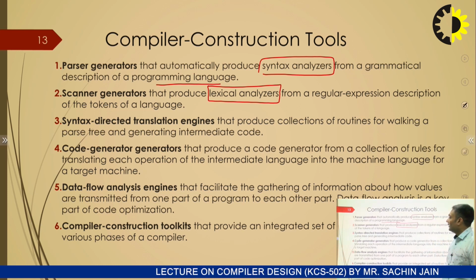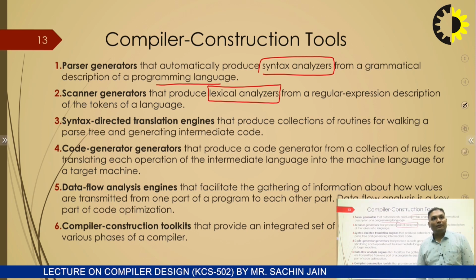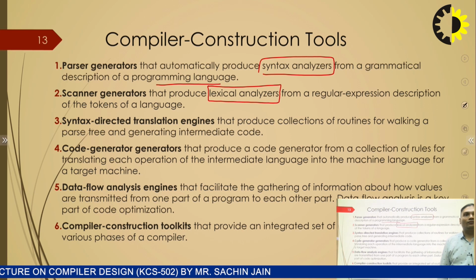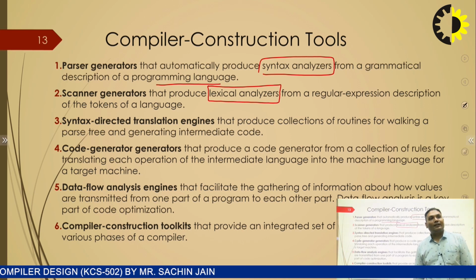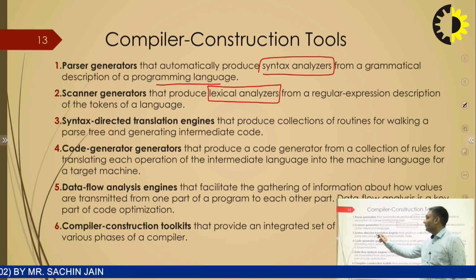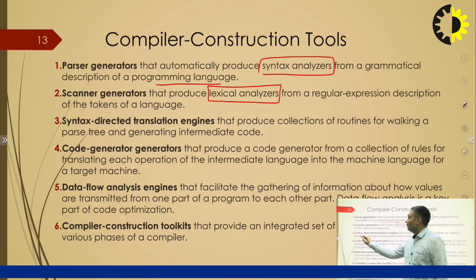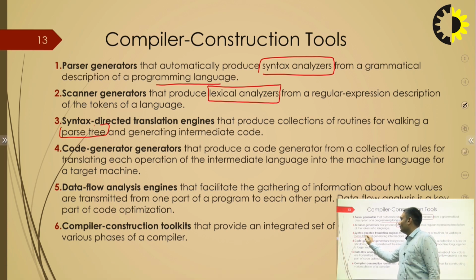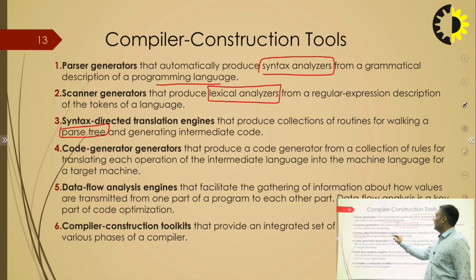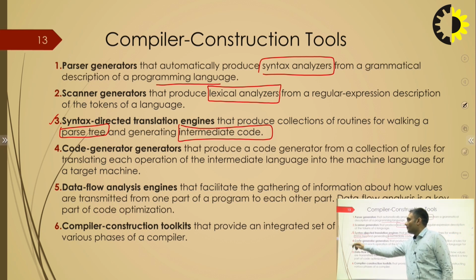Syntax directed translation engine. This is another tool that produces a collection of routines for walking a parse tree and generating the intermediate code. So this is working as 2 phases of the compiler. It is producing the parse tree as well as the intermediate code. So 2 phases are combined using this tool.